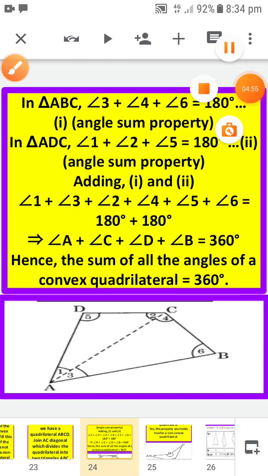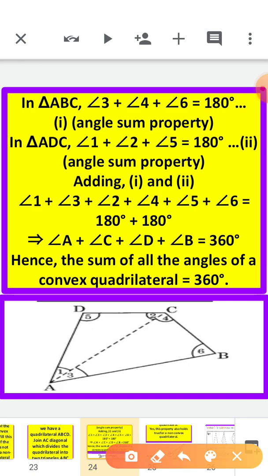By this we have proved this for the convex quadrilateral. Angle 5, this whole angle C, this whole angle A, this whole angle 6, when we add all 4 angles of a convex quadrilateral, we get 360. This is basically the angle sum property of a quadrilateral. So it is true for a convex quadrilateral.